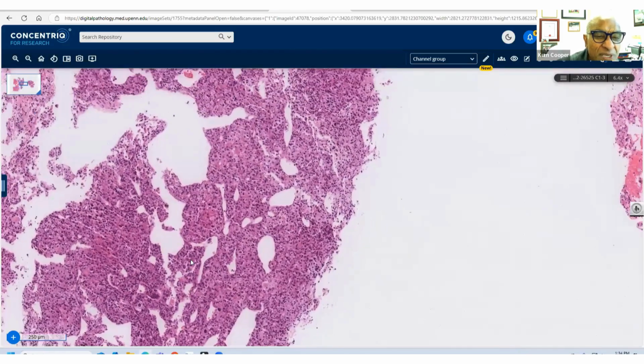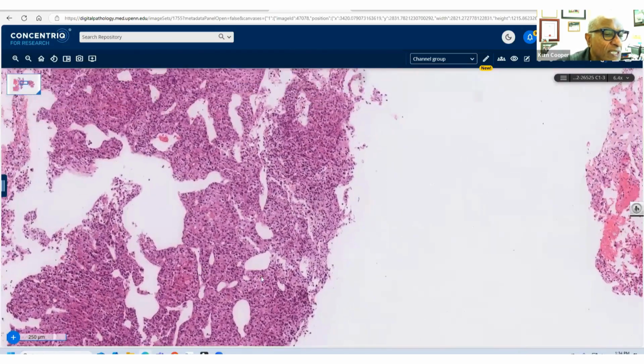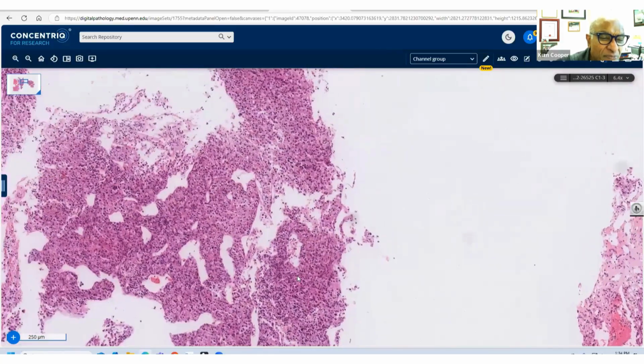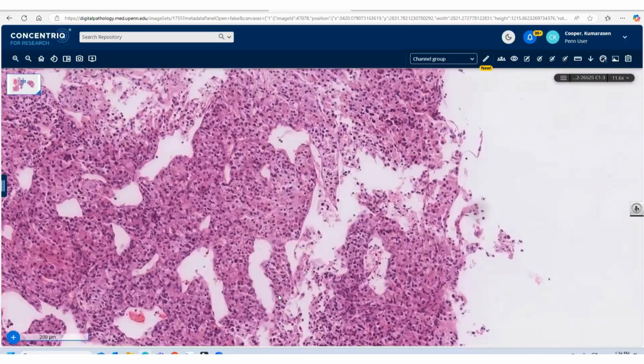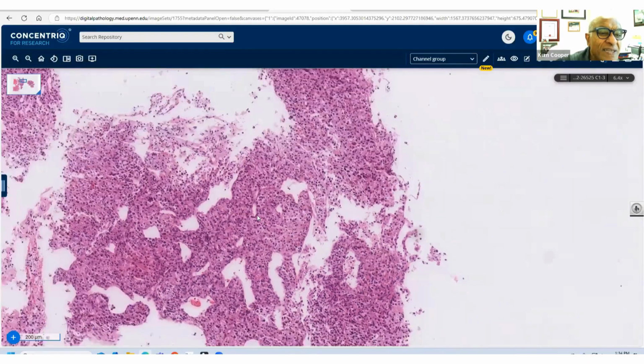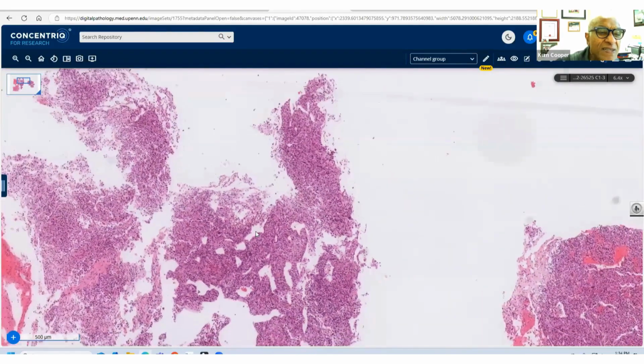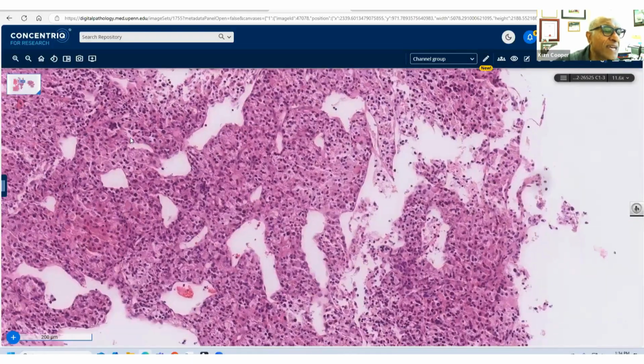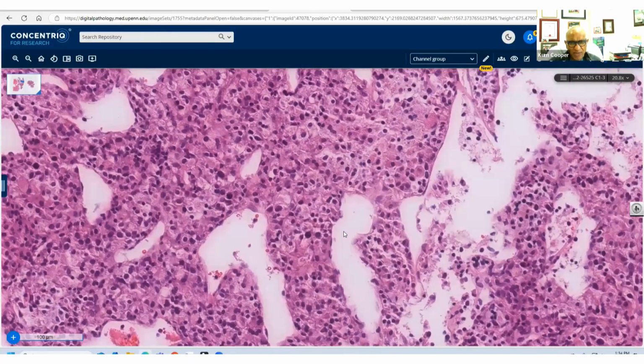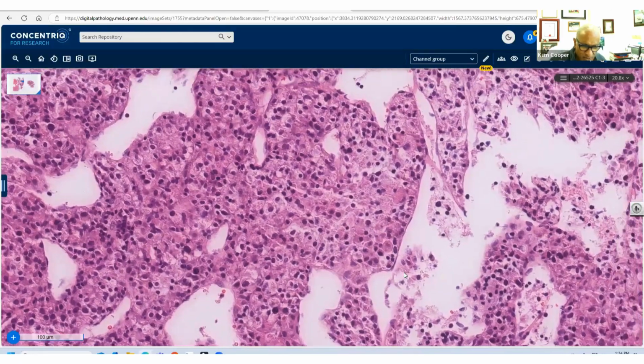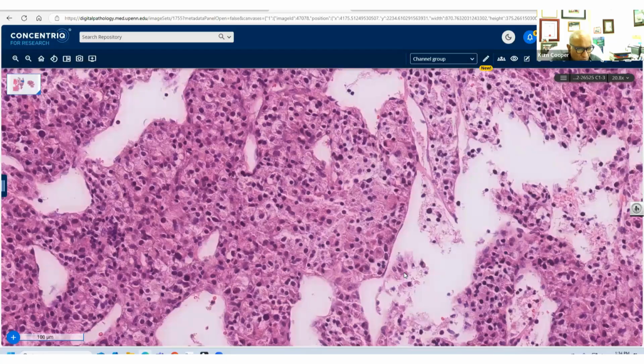Just to give you some insight into that morphology. Can you go a little closer there? Yeah, absolutely. There's some nice vascular changes, the so-called staghorn vasculature. Again, I'm not putting that in there to dissuade you into something else.